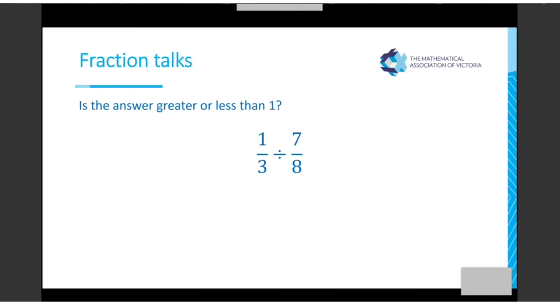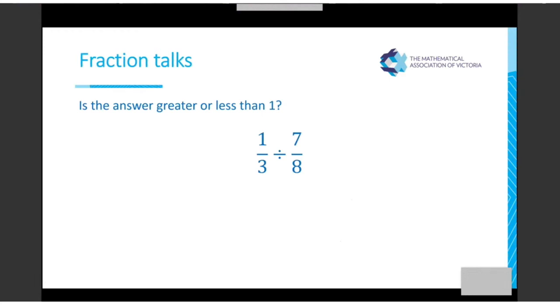It's just asking students to think about their division, because oftentimes when they're doing fractions, students say, oh my gosh, we're doing fractions, and their brain goes into some sort of panic, and they have to remember all the fraction laws, and they forget what's actually happening. So this is a division, 1/3 divided by 7/8, and we're simply asking them to consider if the answer would be greater or less than 1. And then we can discuss what the division means.